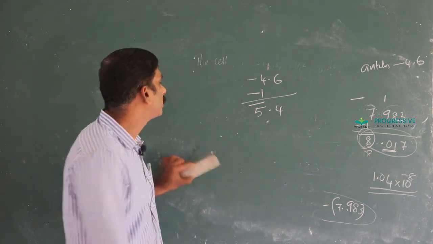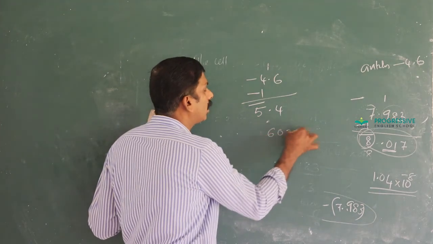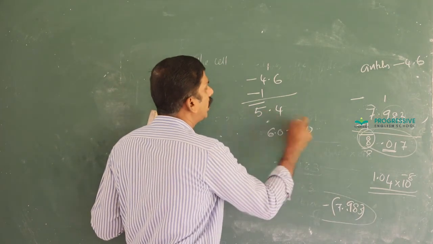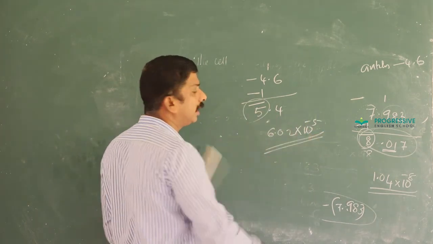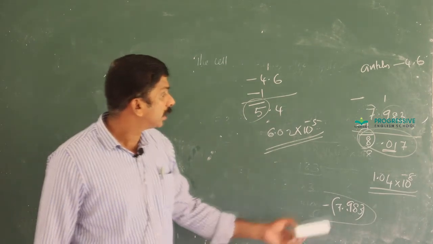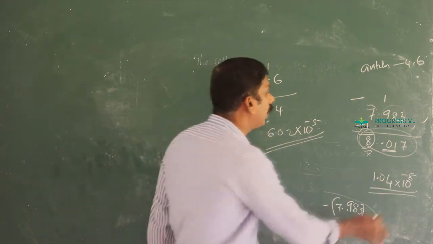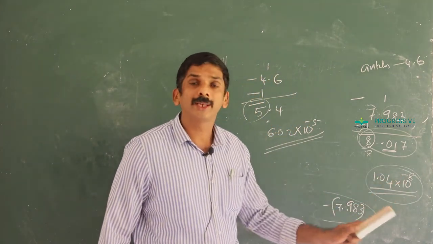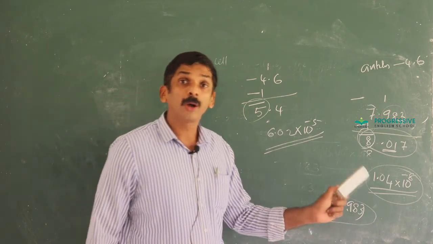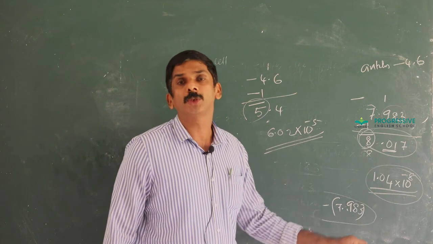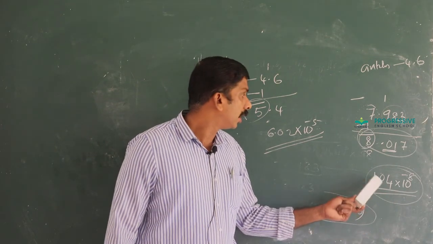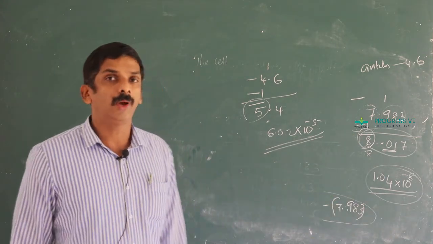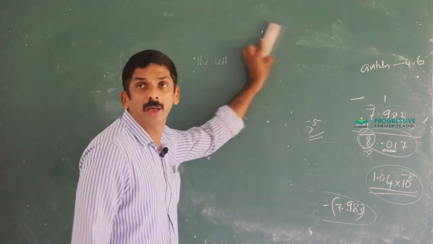Suppose you get an approximate value of 2.5 like that. After 1 digit, you place a decimal and multiply with 10 raised to minus 5. That is the answer. Conversely, if you find the log value of 1.04 into 10 raised to minus 8, it becomes log 1.04 plus log 10 raised to minus 8. Then the value becomes minus 7.983. That is the relation between log and antilog.